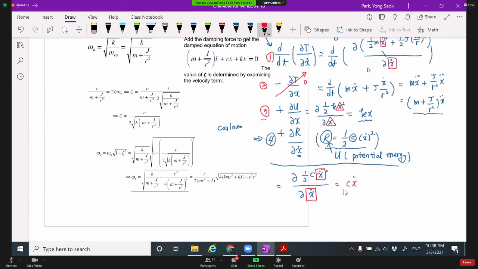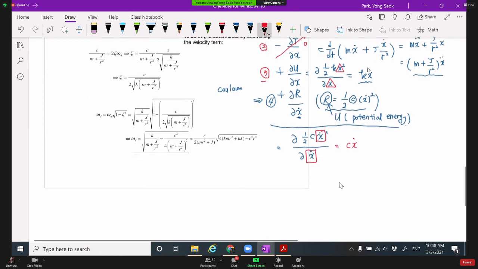Okay. So since we have a fourth term, what is the equation of motion? The first term is the parenthesis m plus a over r squared times x double dot, plus, we don't have any second term. Third term is what?